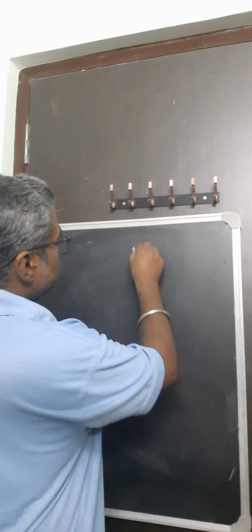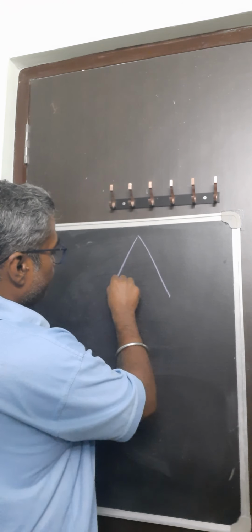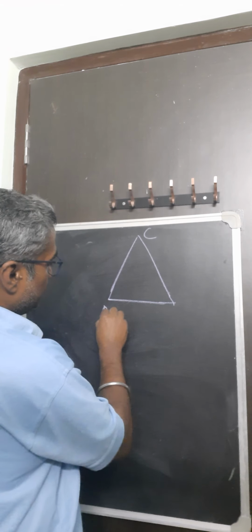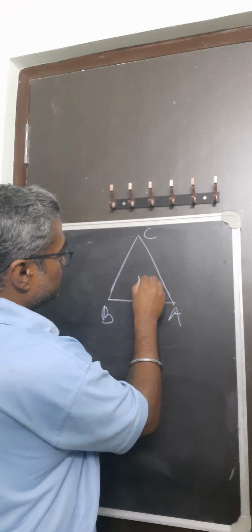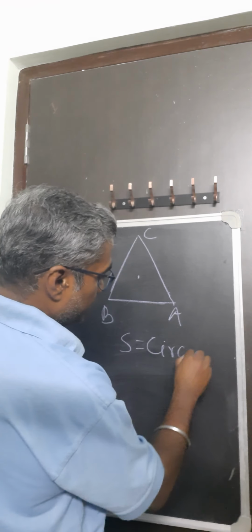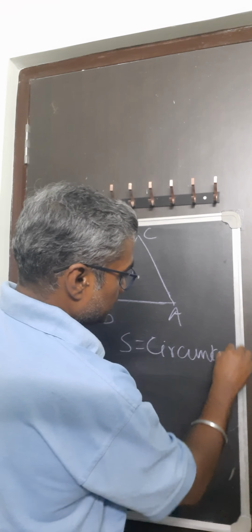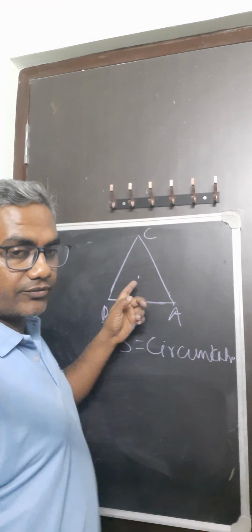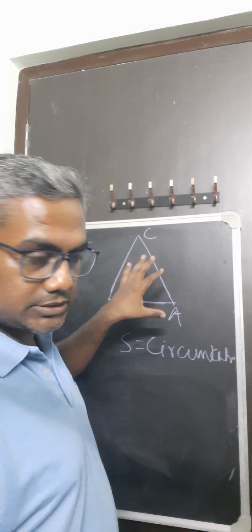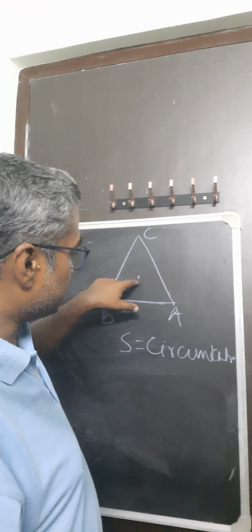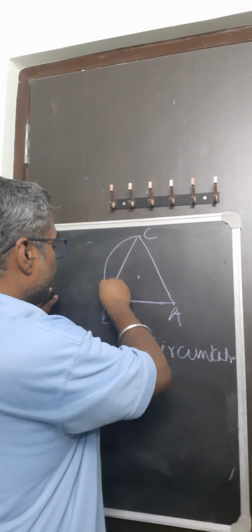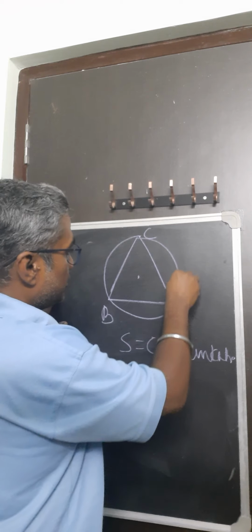Okay, so this says there is a triangle named CBA. S be the circumcenter. The circumcenter of a triangle is that point: if I draw a circle considering the circumcenter as the center of the circle, then it will pass through the vertices of the triangle.